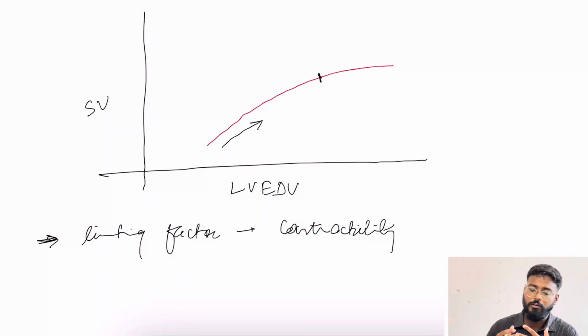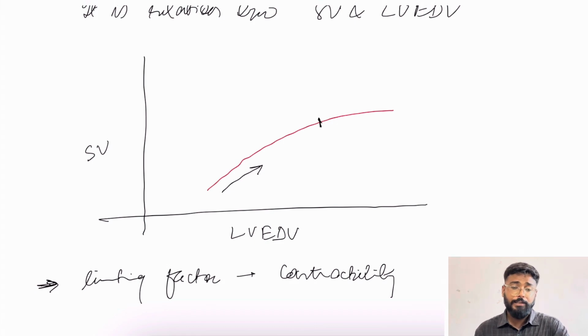In case of administration of positive inotropes, which we saw in the last video, these cause sympathetic activation. The adrenaline and noradrenaline are going to activate your beta receptors, which in turn is going to increase the contractility.